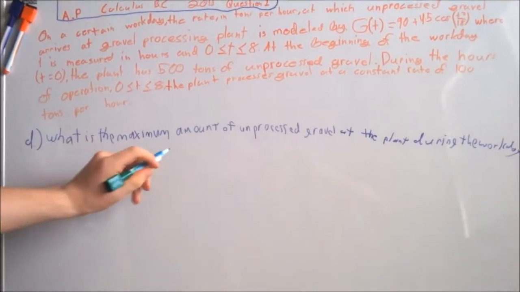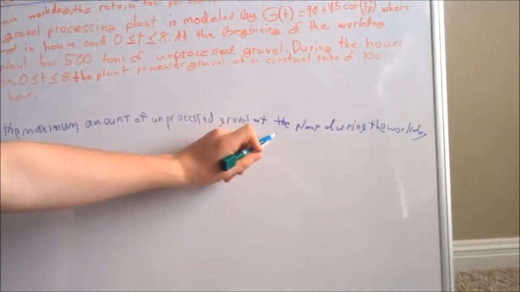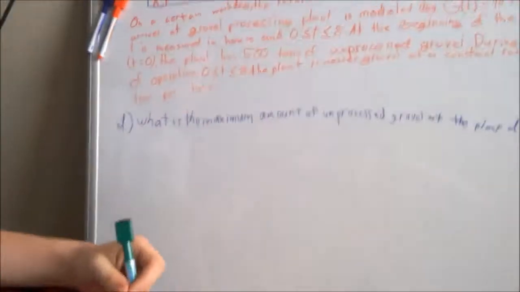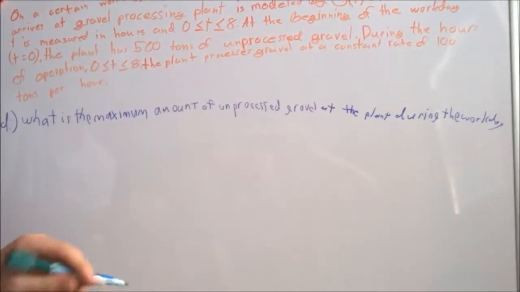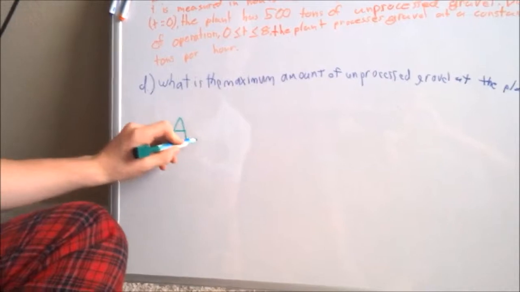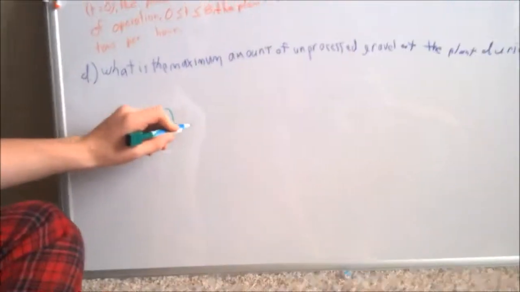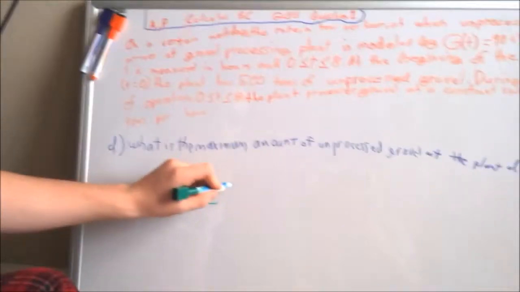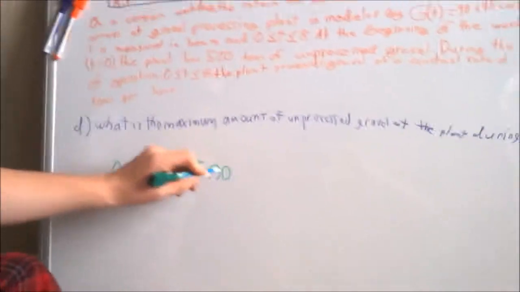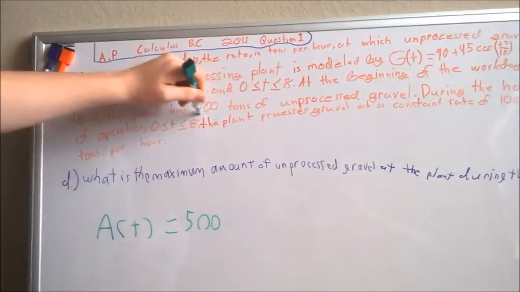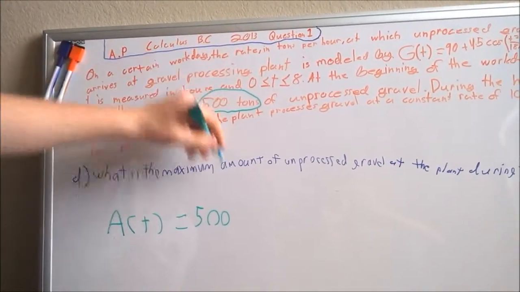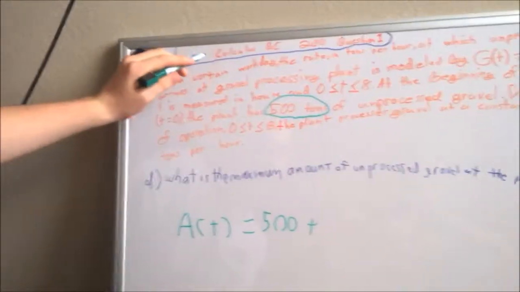What is the maximum amount of unprocessed gravel at the plant during the workday? Now, to do this problem, the first thing you want to do is create an equation determining just how much was at any given time. We'll call this A of t. A of t is going to equal the original 500 tons plus the rate of incoming, right?